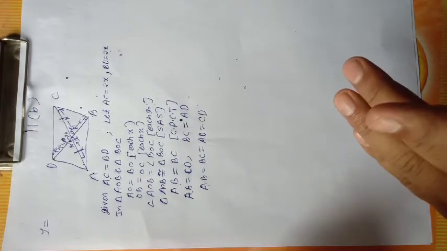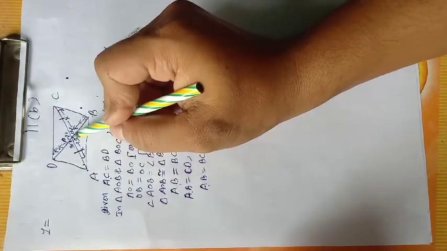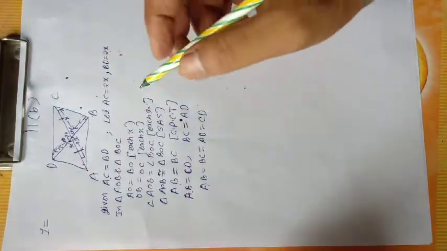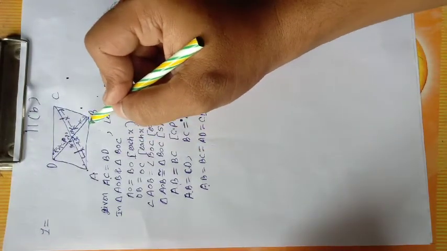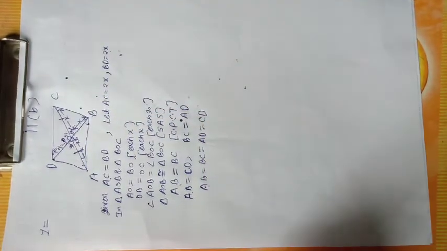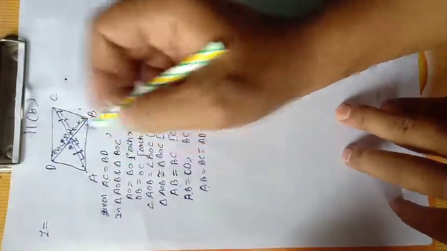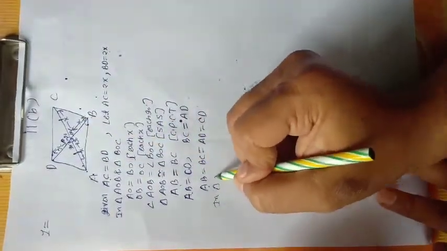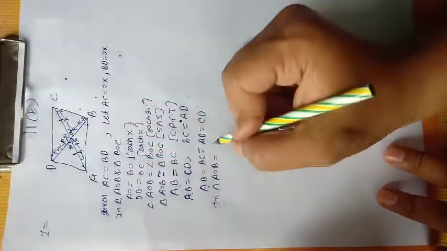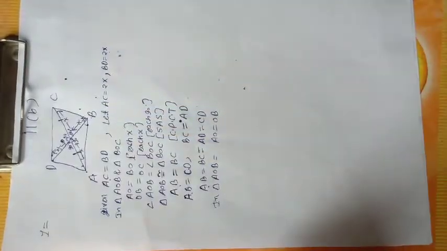How to prove that? We know that in this triangle this angle is 90 degrees. Or you can also do this: we have to prove that this angle and this angle are equal. In triangle AOB, AO equals OB, so it is an isosceles triangle.